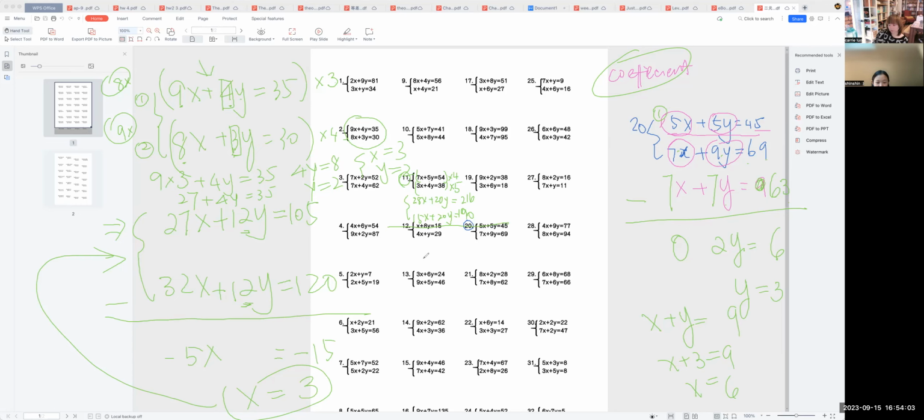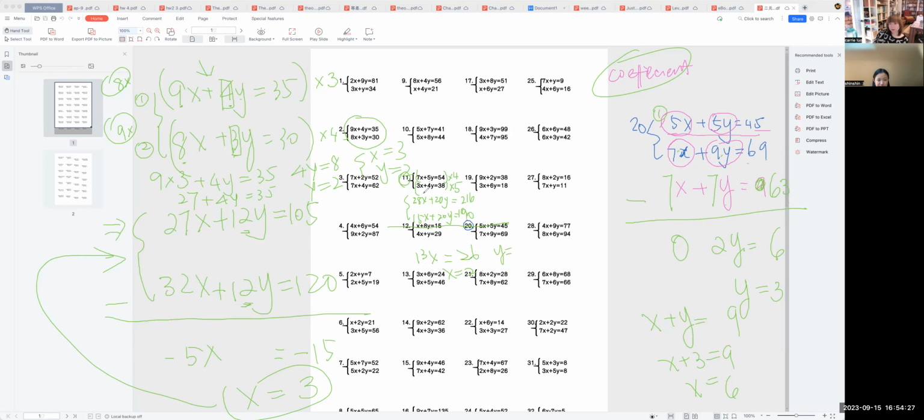28x minus 15x equals what? 13x. Very good. And 216 minus 190? 26. Very good. Equals 26. Then x equals what? x equals 2. Very good. Now y equals what?